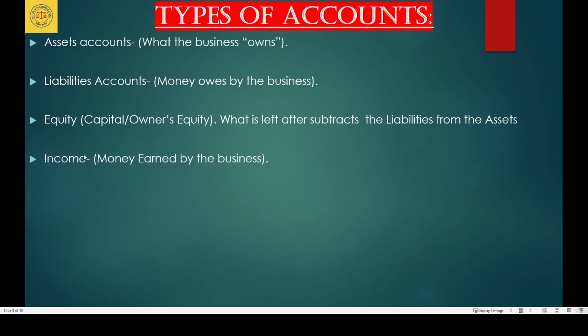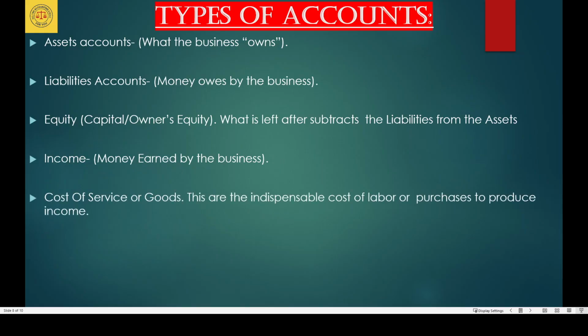Now we have the income, which is money earned by the business and is created by the regular business operations. So this is one of the accounts from the income statement or profit and loss. In the same way, cost of service or cost of goods are indispensable to produce the income, and they have a direct relation with it.